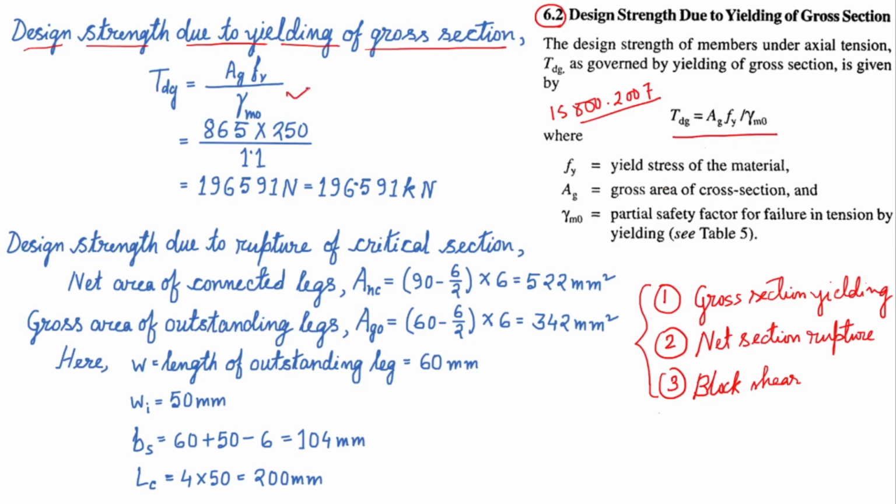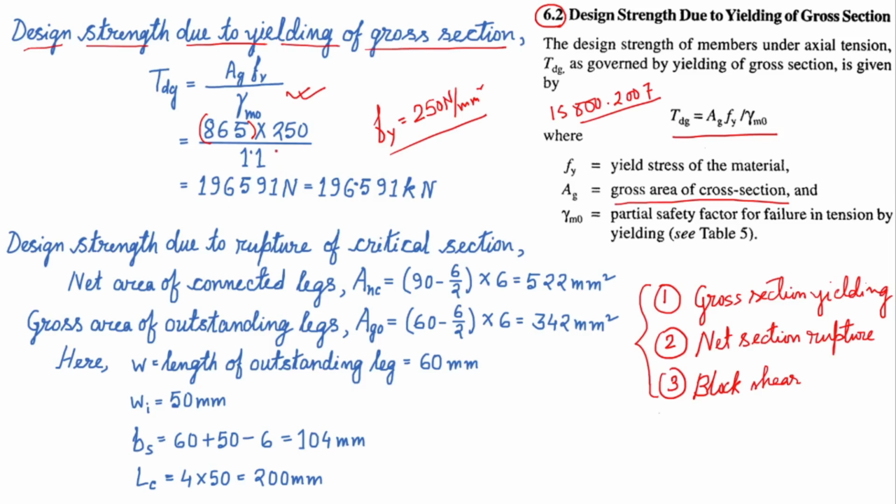This is the formula I have written. AG is the gross area of cross section which we have taken from the steel table for the given angle, which is 865 in this case. Fy is the yield stress. It is 250 Newton per mm square, as the material of the structural steel is most commonly mild steel.